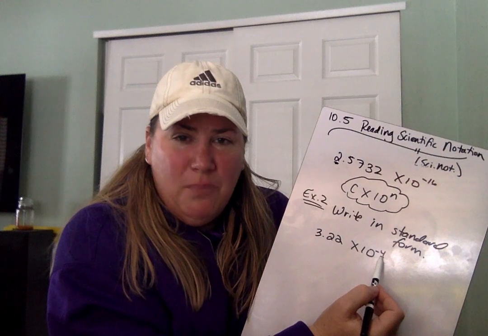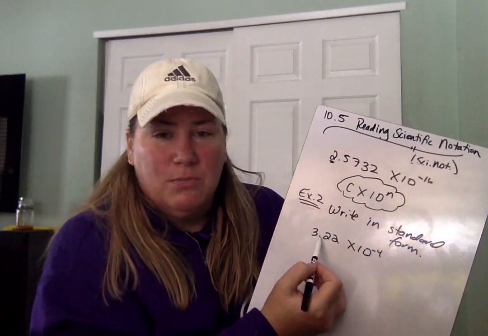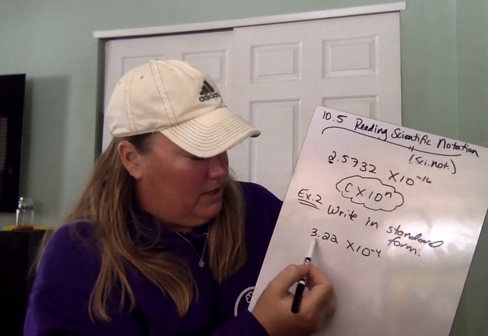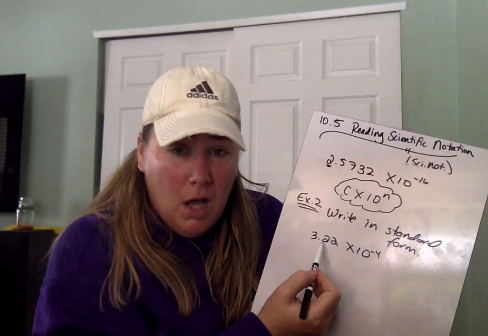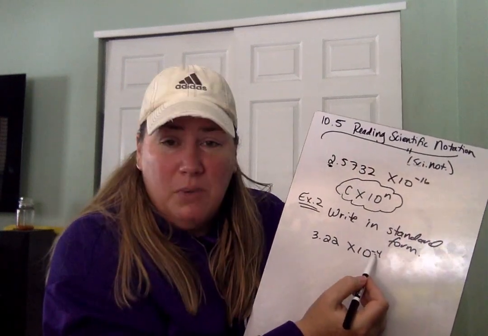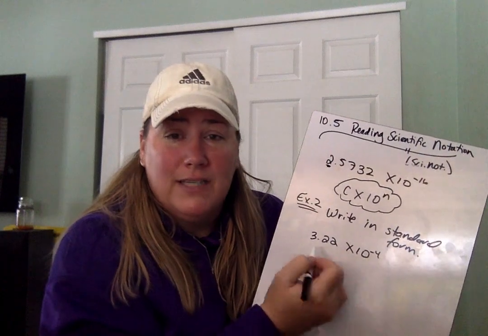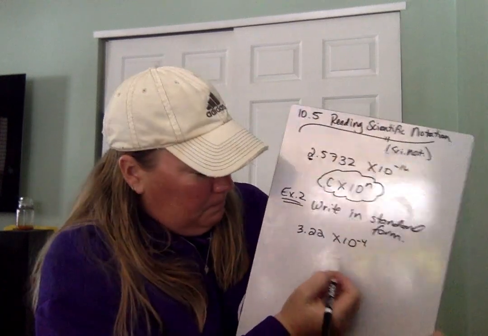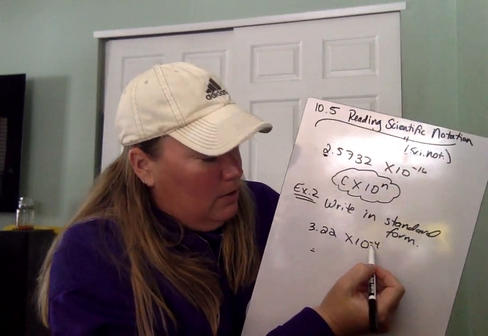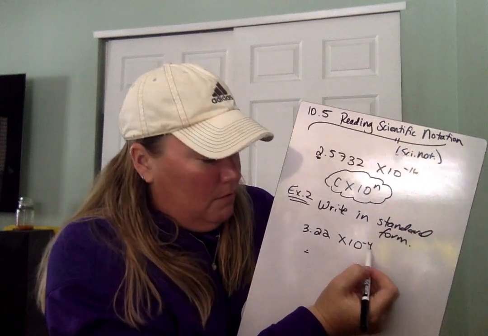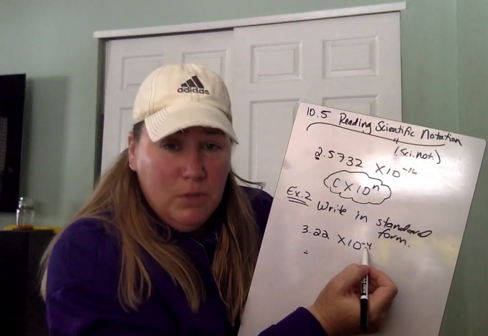So when you have a negative power, you're going to move your decimal to the left, because that means that 3.22 will then become smaller. If your power is positive, you're going to move your decimal to the right, and that's how you get your factor to be larger.